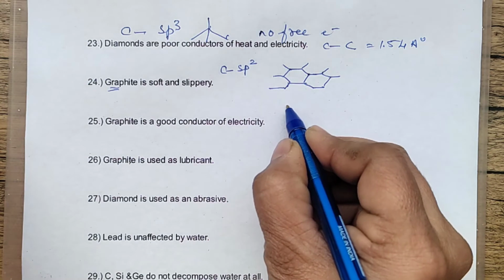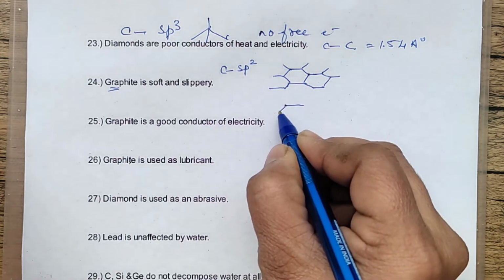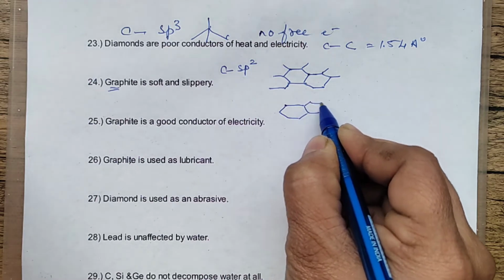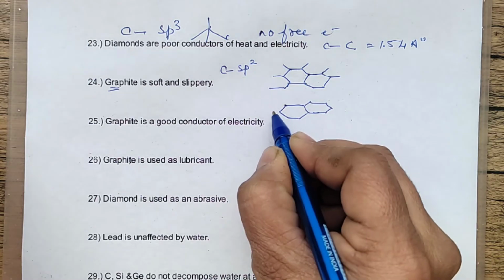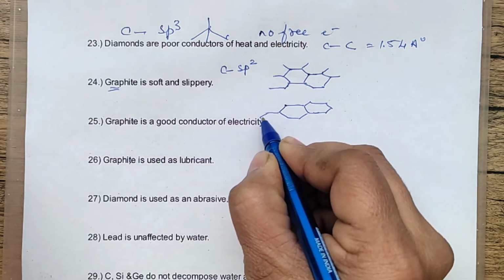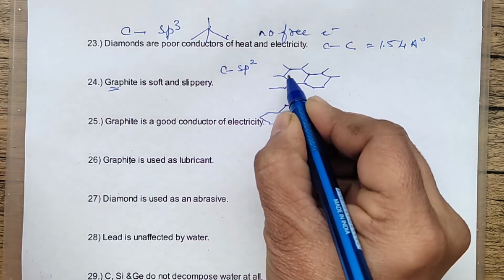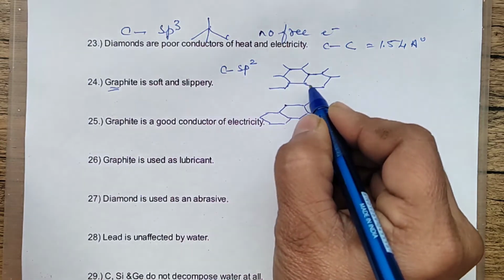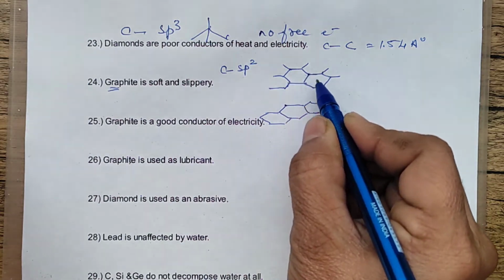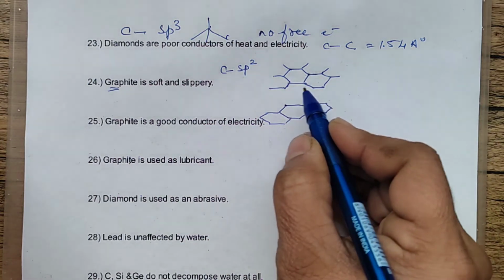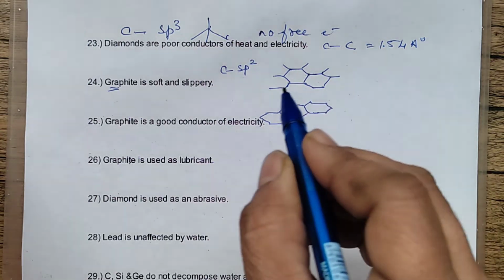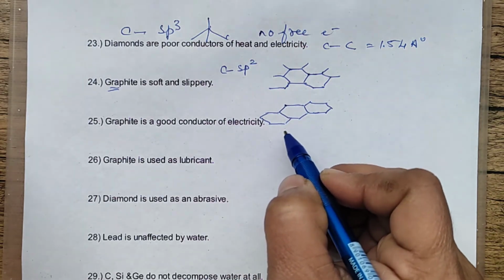There will be another layer also like this in which there are hexagonal rings. So in graphite, each carbon atom is sp2 hybridized and forms a trigonal planar like structure, and when a number of carbon atoms are joined together it forms hexagonal rings. There are many such layers in graphite, each layer having hexagonal rings.